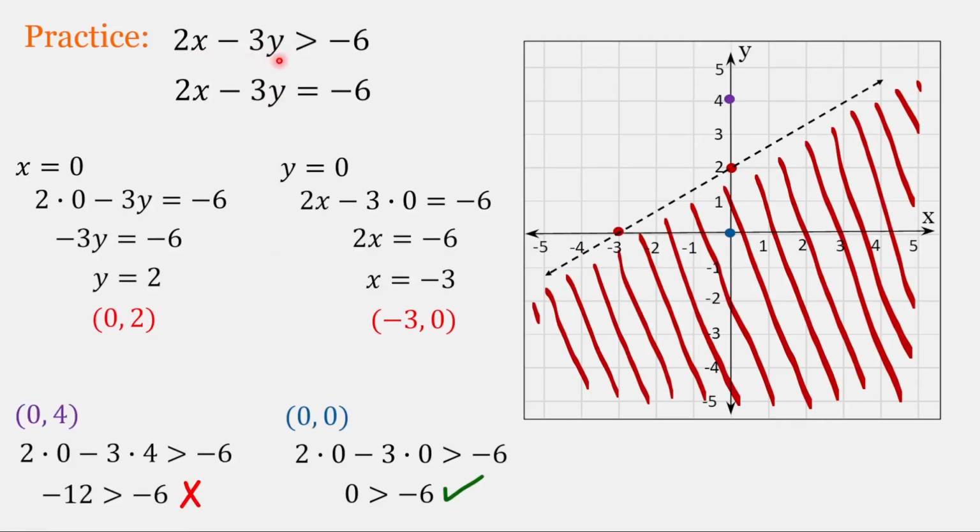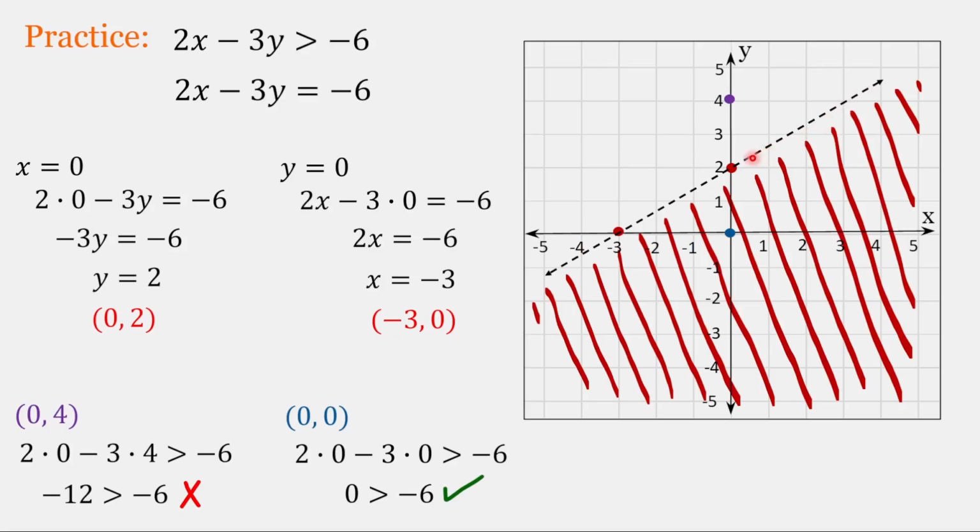So the first step for graphing a linear inequality, go ahead and rewrite that inequality as an equation, and then graph the equation. Since these are in standard form, I went ahead and graphed the equation by finding 2 points, specifically the x and y-intercepts. Graphing those 2 points, we're able to draw the boundary line.